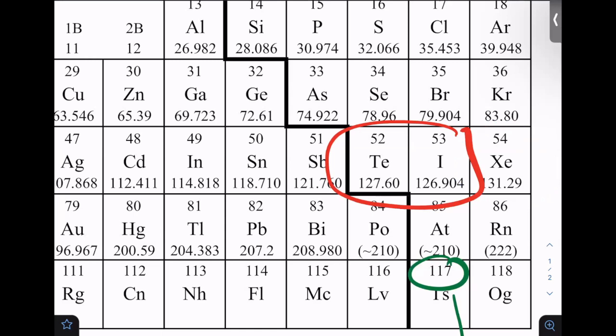And look at the total masses here: 127.6 and 126.9. They're still out of order. Mendeleev was right. We'll explore why this is in a little bit, okay? But I'm just pointing out that even that trend still exists even in our modern periodic table.